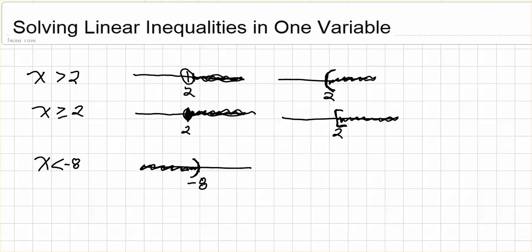And in this instance, it points to the left. That includes all the data. And then one last example, x is less than or equal to negative 8. Same point, same data, but instead we're going to use a bracket.